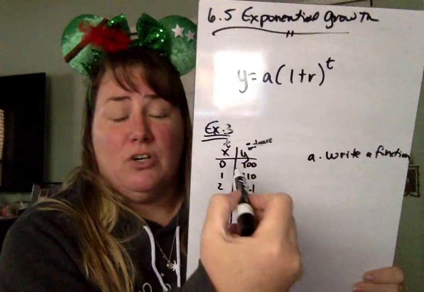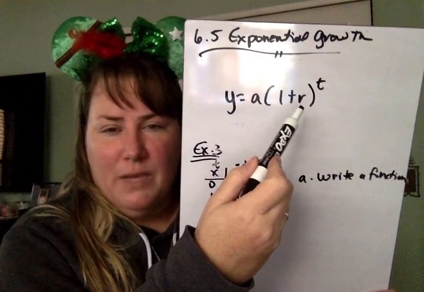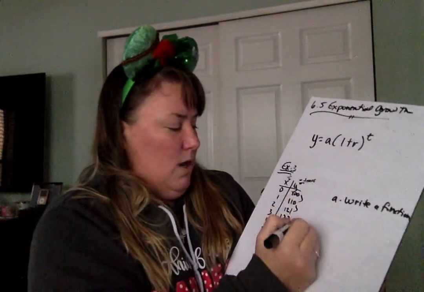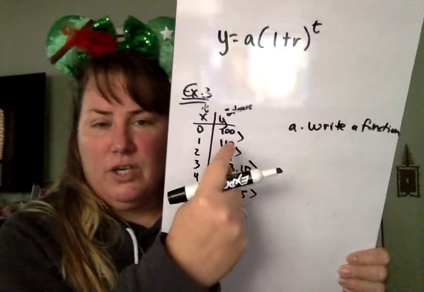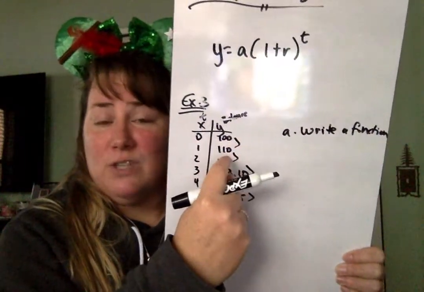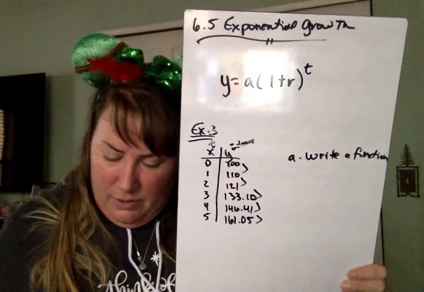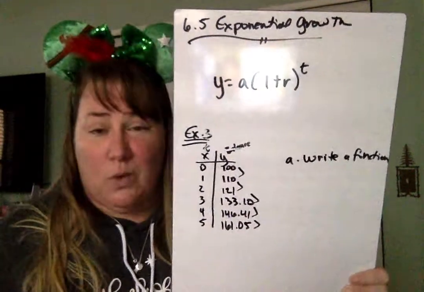So we do have A, which is our initial amount, which is 100. Our rate, that's what we have to figure out. So we've got to find the change in Y. Basically you're going to go 100x equals 110. Or you can just go 110 divided by 100, which is 1.1.